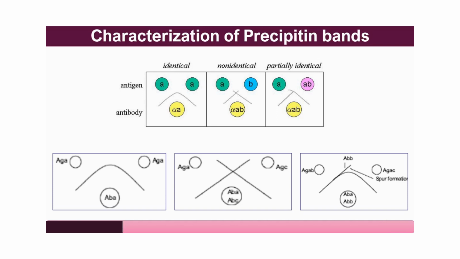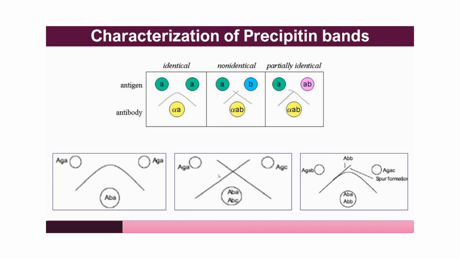To demonstrate the precipitin band, the concentration of antigen and antibody should be approximately equal. The antigens being tested need not be the same. Based on their nature, they can be identified using the pattern of the precipitin band. One can see whether the antigens are related by the line of identity if it is a smooth curve. The line of non-identity shows that those antigens are not related to each other.